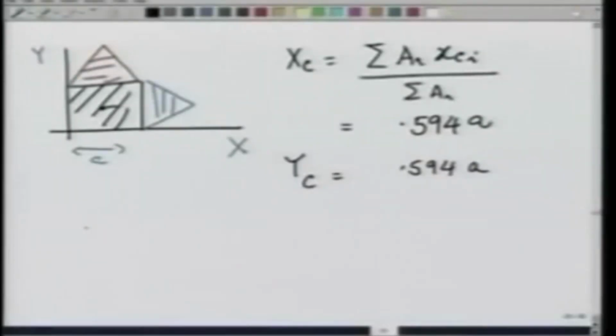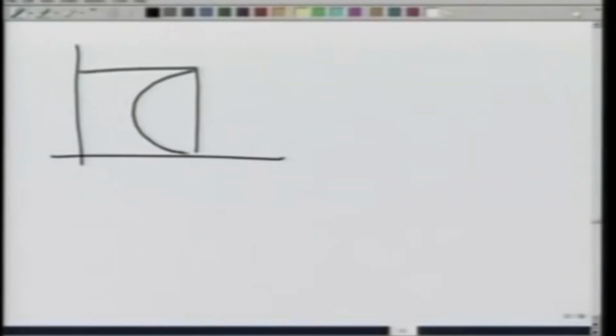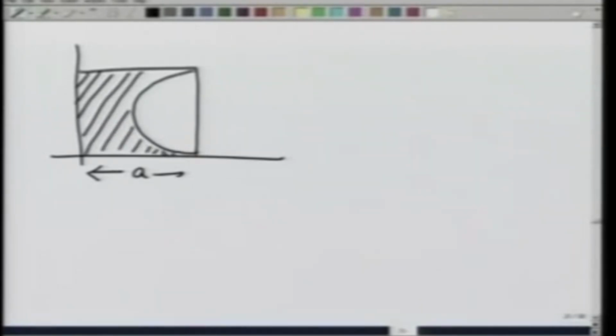Let me take another example where I have an area formed by taking away a semicircular area from a square of side A. I wish to calculate the centroid of the shaded area, where the shaded area has been formed by taking away a semicircular area from a square of side A.